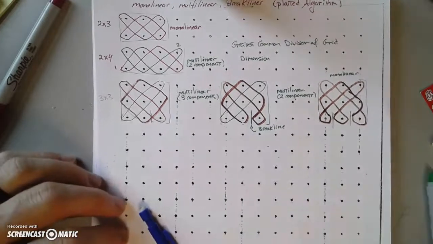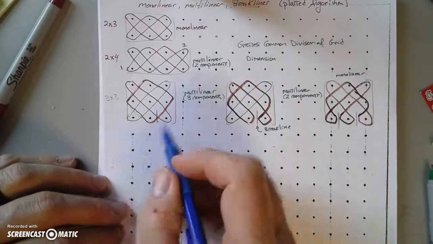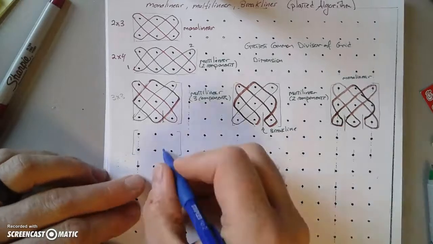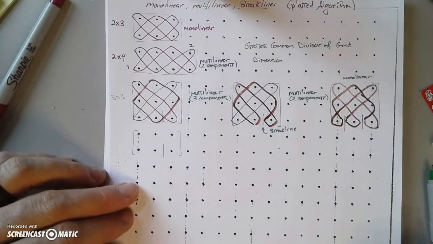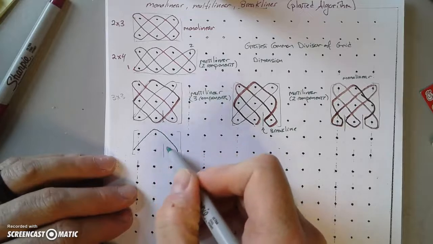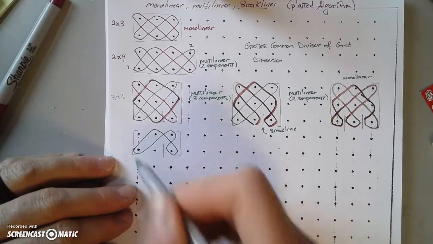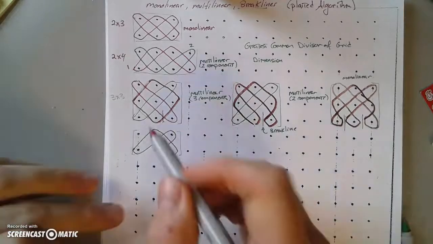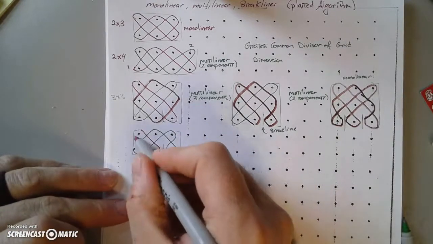So do break lines always reduce the number of components? Well, let's look at some other examples. So here's a 2x3. Suppose I put a break line right there. What happens? Well, I can go around. Oh, I haven't finished, but now I need two components.